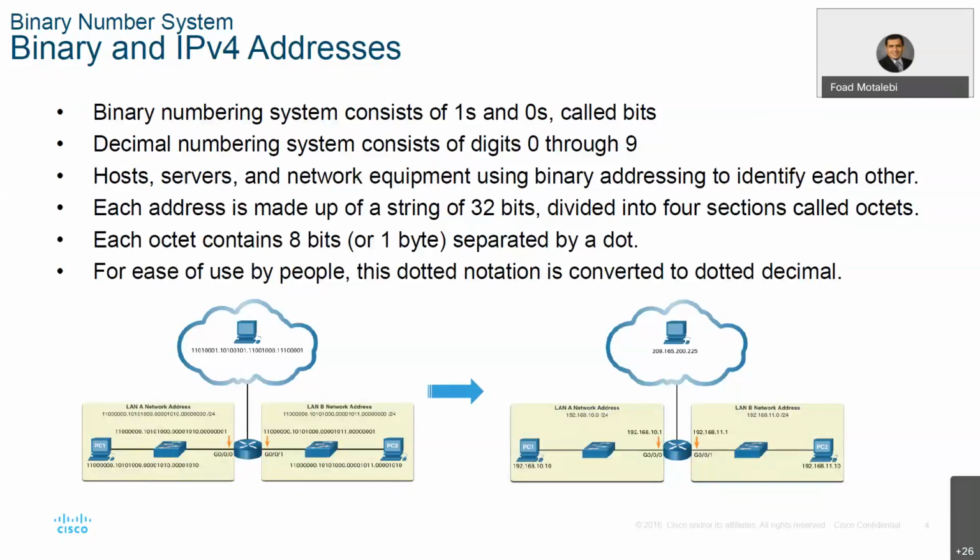Our machines, our computers, our routers, our switches, the only language they understand is binary. So even the IP address that they can understand is a binary IP address. As far as our machines are concerned, this is the IP address that they can understand.